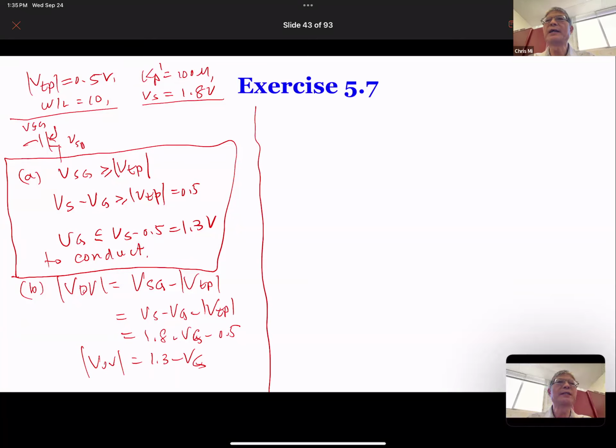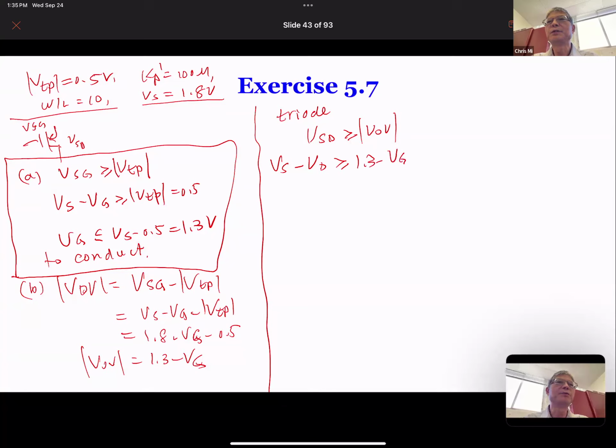So we are saying that for it to be in triode, we need to have VSD larger than VOV. Now, VSD can be written as Vs minus Vd, larger than VOV, which we've already found is 1.3 minus Vg.